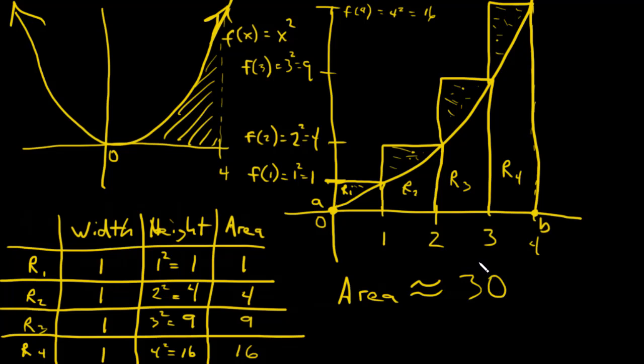Okay. Now, what I want to do is take the process that we just did and rewrite it in sigma notation. So I'm going to clear the screen and let's go to sigmas. Okay. I may have to redraw the graph. That's okay. So the area is equal to the summation, i equals 1 to how many rectangles do we have? 4.